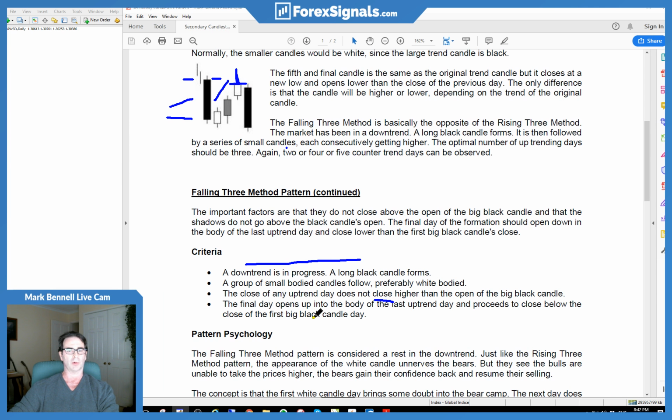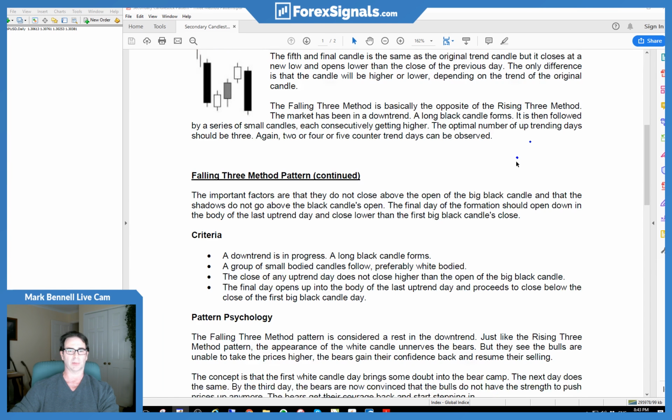The final day opens into the body of the last one, so here, and proceeds to close below the close of the first big black candle day. So closes below the low of the pattern. So this is the ideal or the textbook version.